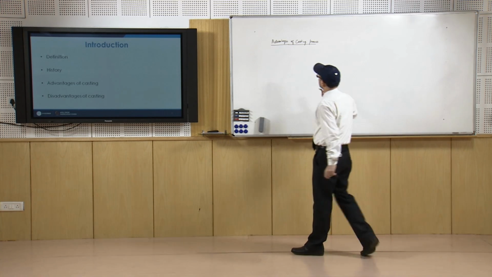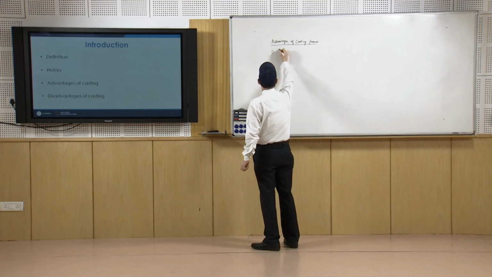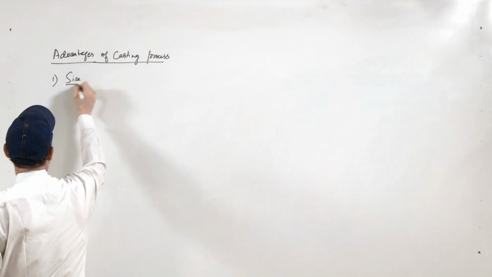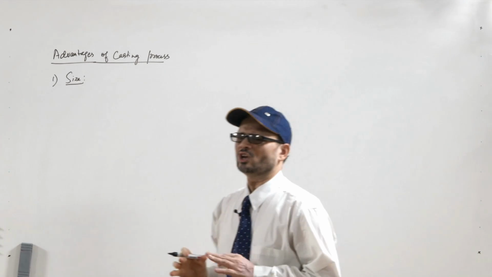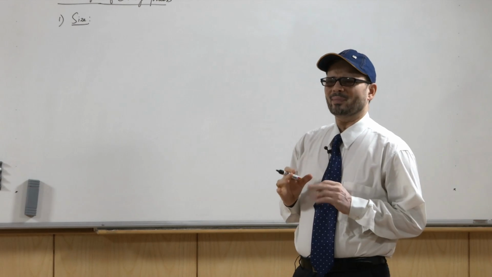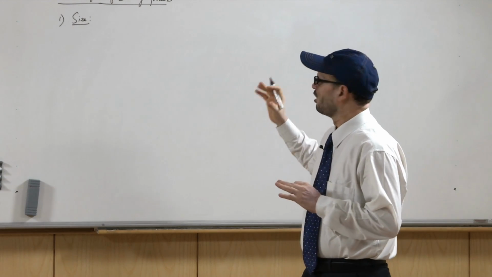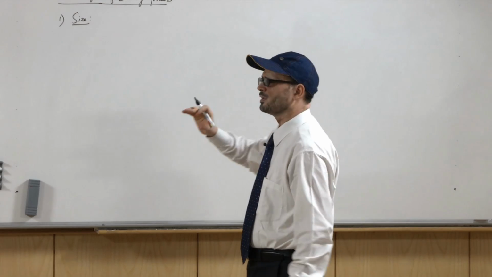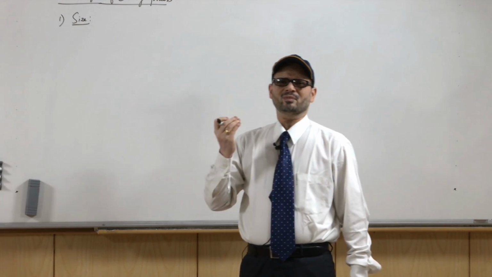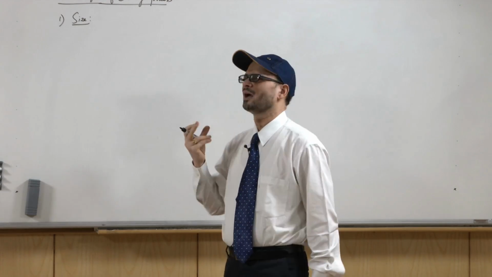First of all, the size. You have the flexibility to cast a metal of even up to 200 tons or even more, and you may come down to even a wire of 0.5 mm diameter.